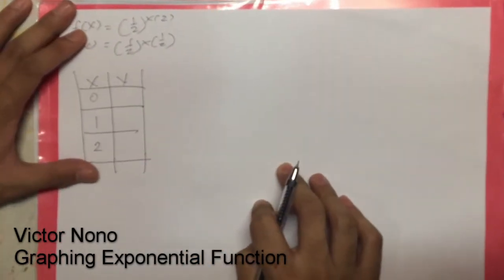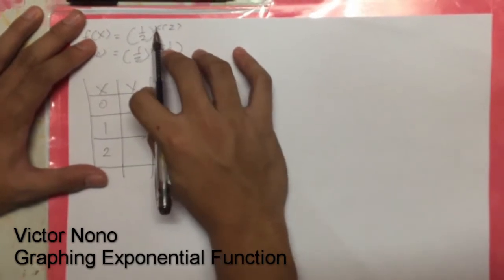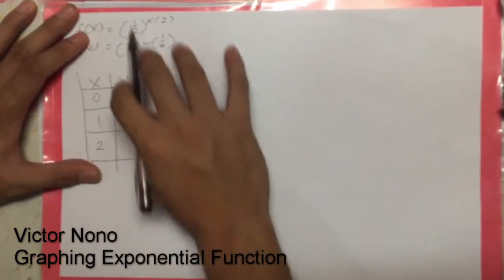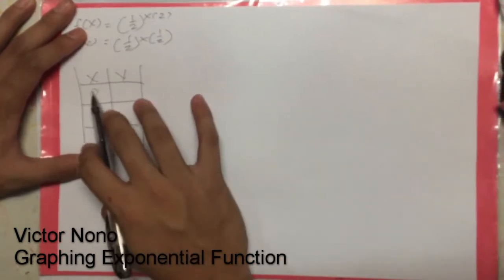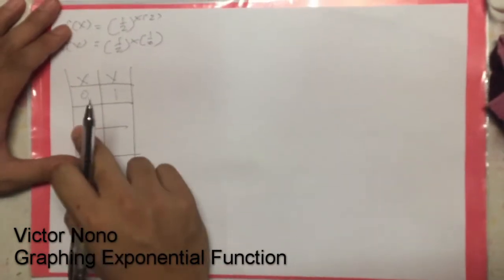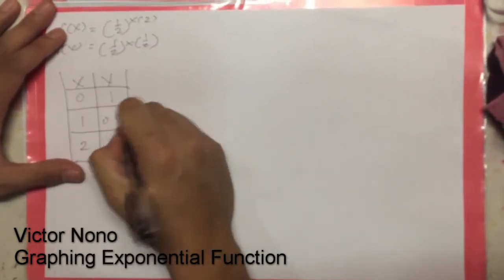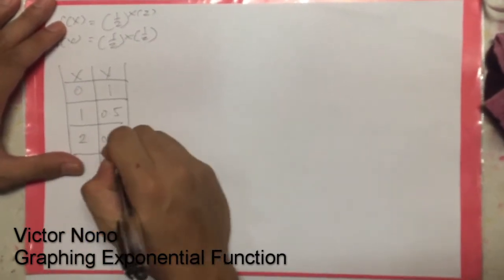The original function is 1/2 raised to x. So we will substitute the value of x to 1/2 raised to x. If we substitute 0, we will get 1. If you substitute 1, we will get 0.5. If you substitute 2, we will get 0.25.